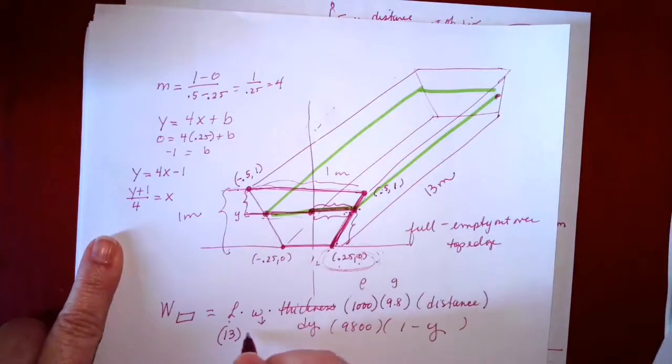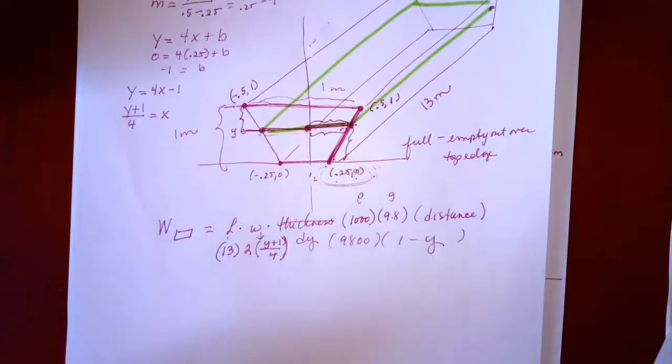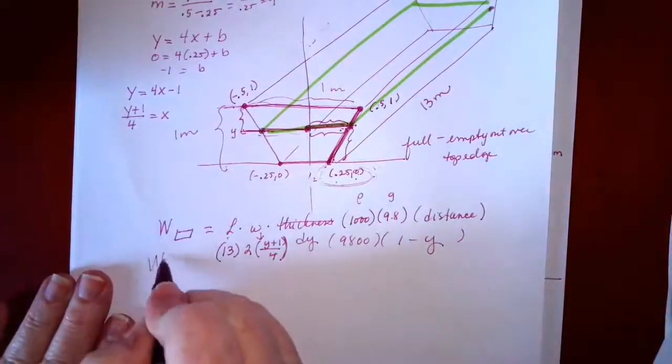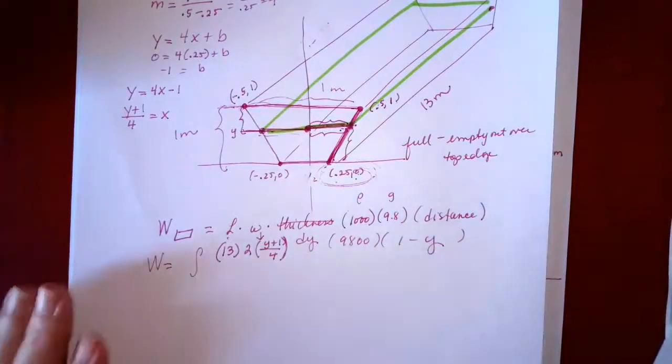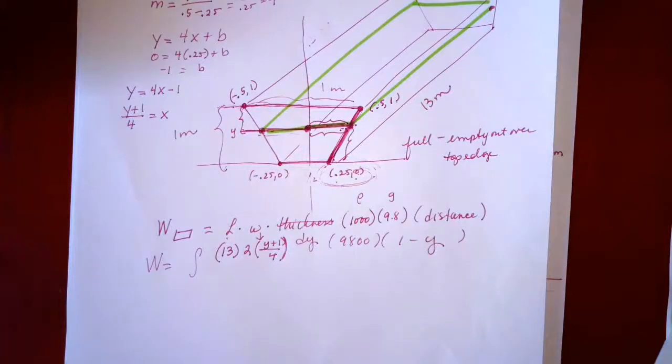So I will take 2 times (y plus 1) over 4, and that will be the width of that cross section. Add all those up using integration to get our total work, and we'll get the work from what to what. What would be the y limits on this integral? The y limits are 0 to 1. Perfect.